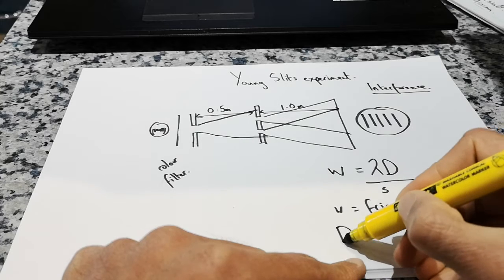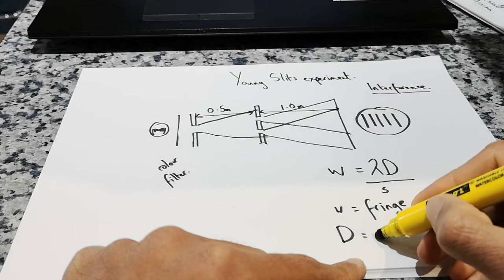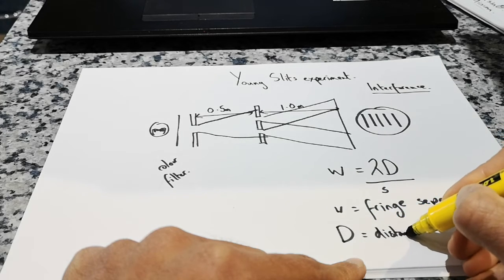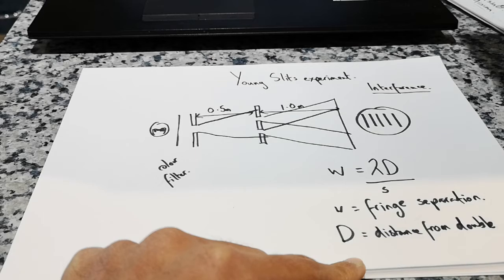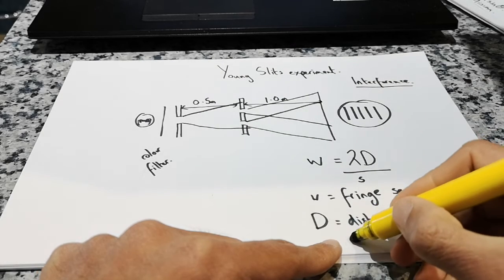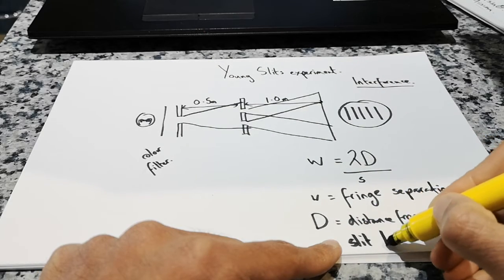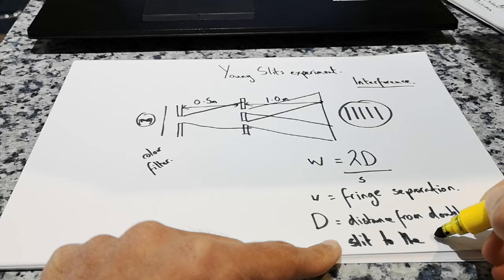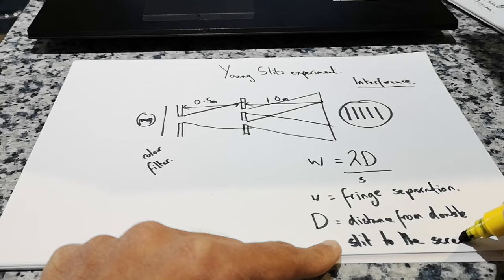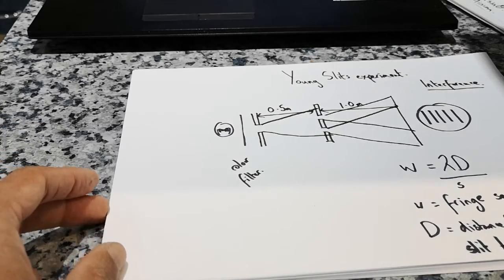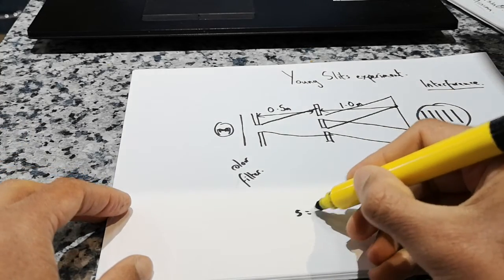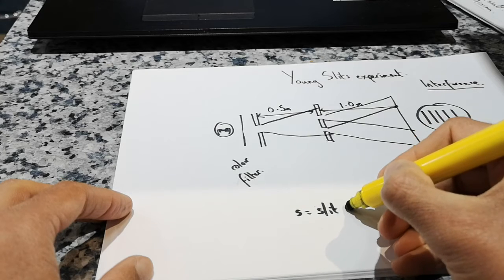D is the distance from the double slit to the screen. And the last unit to consider here is S, which is the slit separation.